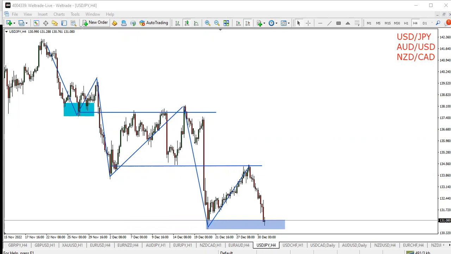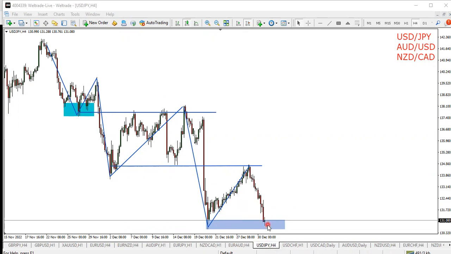We may have a retest to this low and then price moves bullish, or price could continue downward and then break this low. So here we are looking at a possible short-term long for as long as this low does not break. Keep in mind, this is a downtrend, which means there is more possibility that price is going to break and continue bearish.